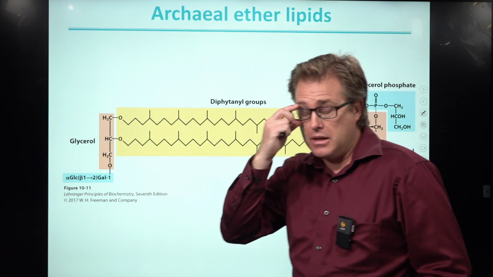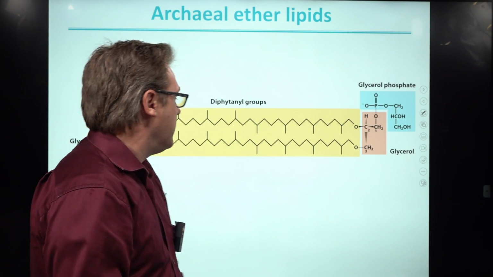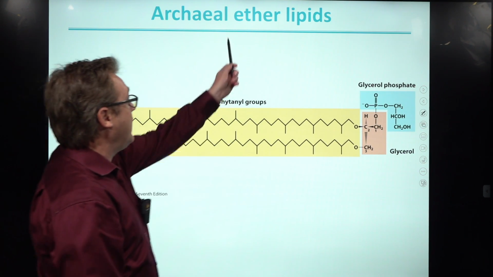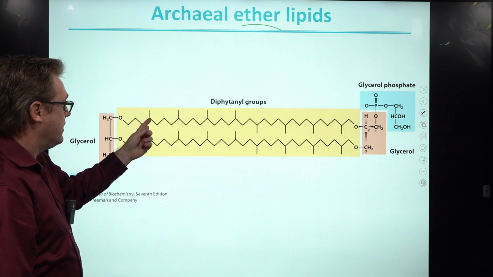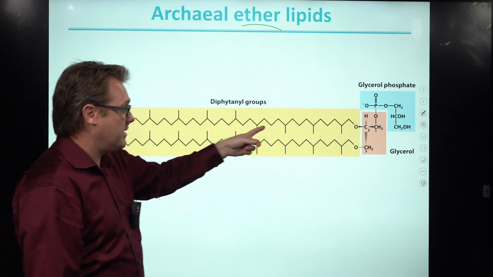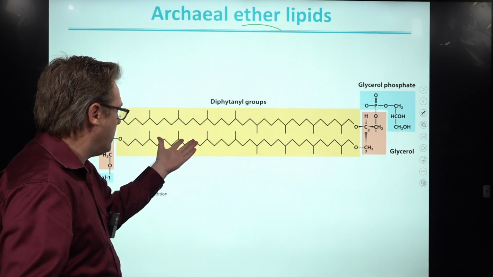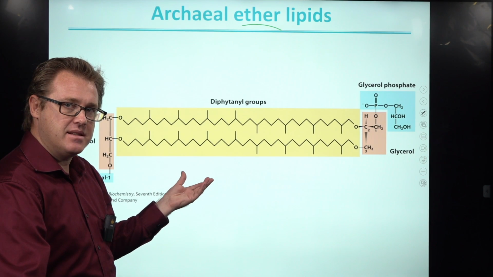But the last class of lipids that I want to talk about are the archaeal lipids here. But we call it an ether lipid. Why? Well, we have not fatty acids. So I challenge you guys, why is that in yellow? Why is that not a fatty acid?